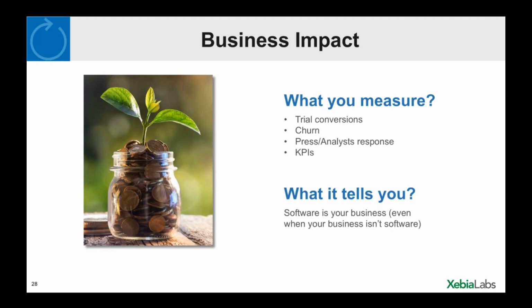The key here is you and the DevOps, the team that's doing the DevOps transformation, you want to correlate what you're doing with some of these metrics that exist outside of your traditional organization or the things you usually control. So you can say, hey, by releasing more software at scale, at more frequent intervals, that's really had a change in our trial conversions compared to where we were when we had longer or less frequent releases, right?